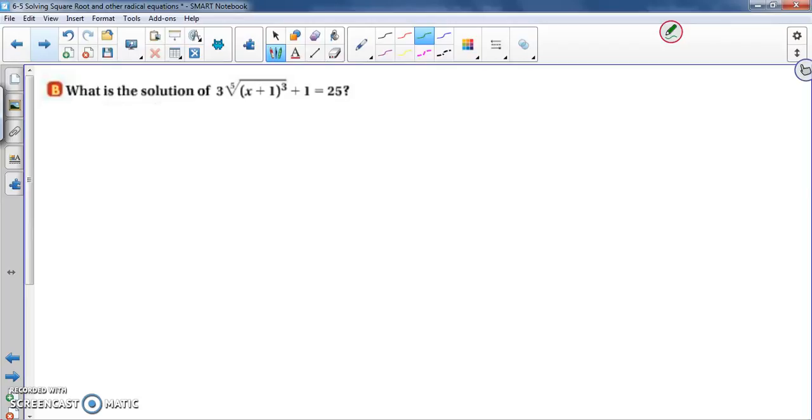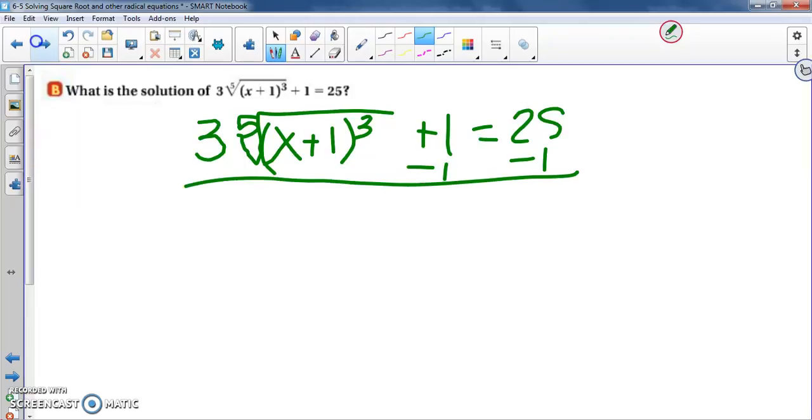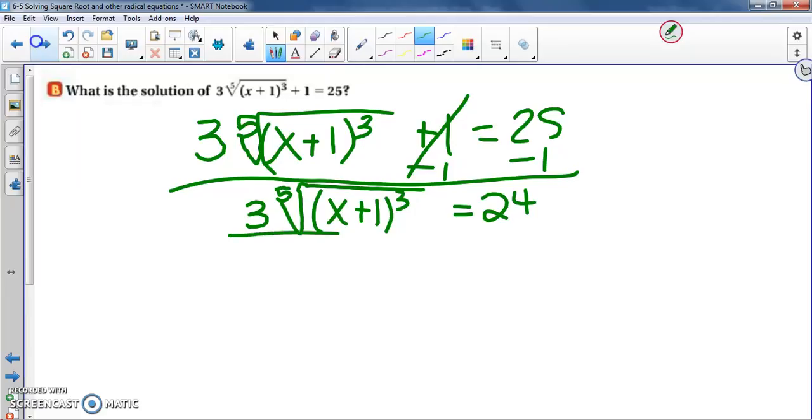We're going to do this one as well. 3 times the 5th root of x plus 1 cubed, plus 1 is equal to 25. Subtract 1. 3 times the 5th root of x plus 1 cubed is equal to 24. Divide by 3. I'm going to write the 5th root of x plus 1 cubed as a rational exponent.